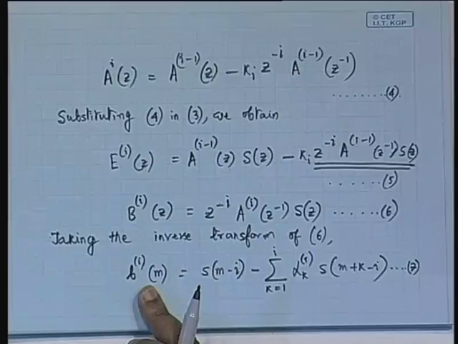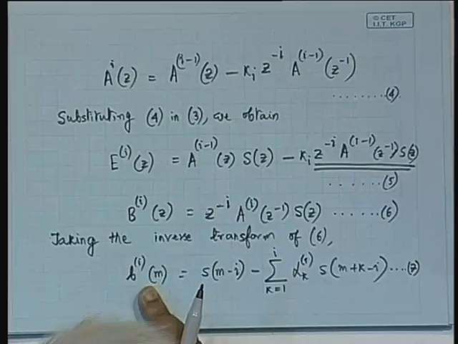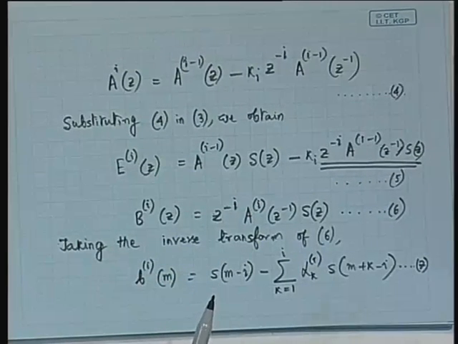So this is a backward prediction error, and we denote it by B. E we reserve for forward prediction and B for backward prediction.